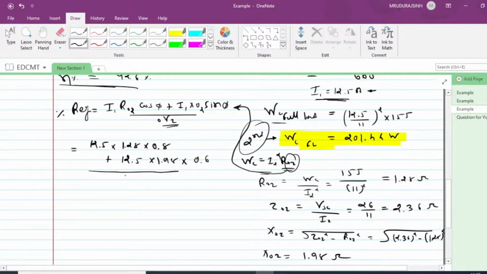And V02 is the voltage referred to the HV side, that is 600. Very good work, Saurabh, Kamlesh, Jairaj, Prince. Saurabh, good work. And now let's calculate this.